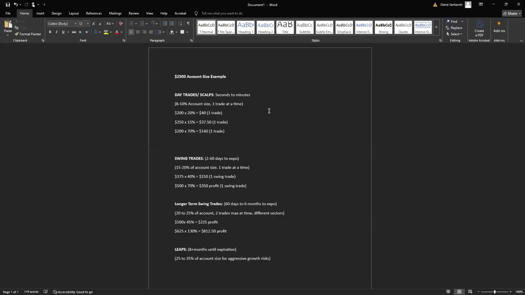So that brings your account to $3,340 after 1 month. You divide that by $2,500, your account just increased by 33.6% in 1 month. Tell me a fund manager or any financial advisor that's getting you a consistent 33% a month. That's only with a $40 profit on a $2,500 account.